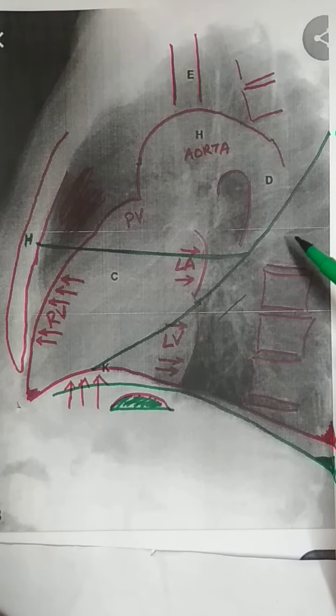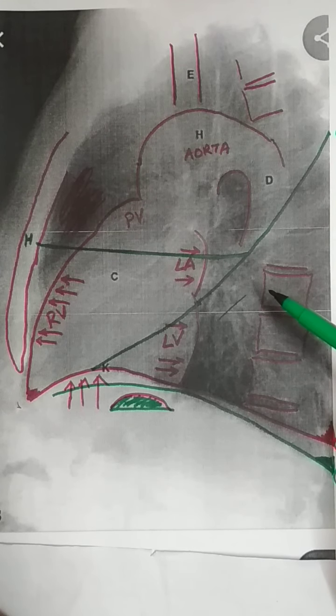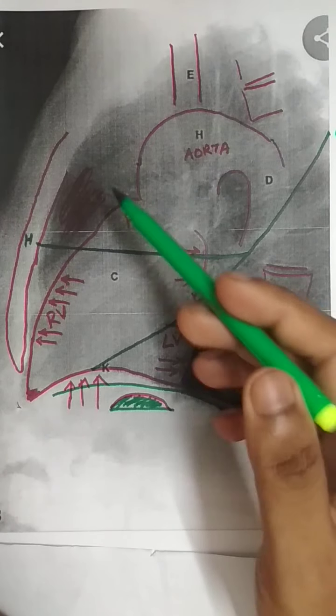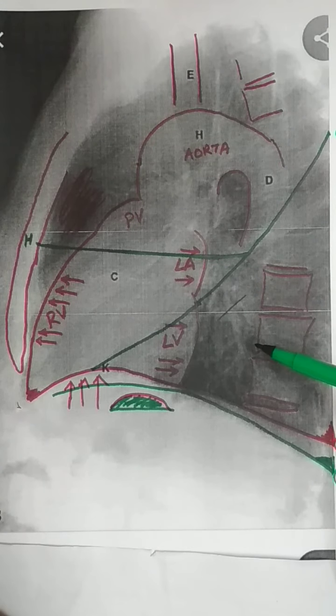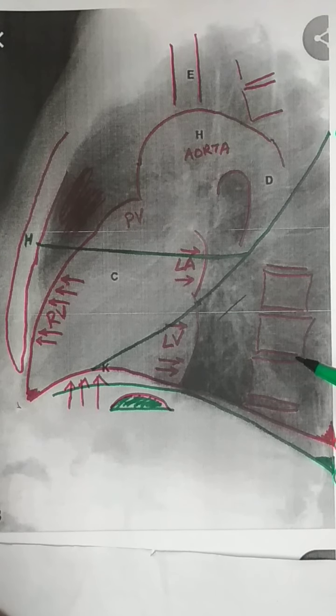Then we have the oblique fissure, behind which is the lower lobe. By drawing these fissures, you can divide the lung fields into upper lobe, middle lobe, and lower lobe. And if there is a lesion, you can clearly localize the lesion that you have seen in the PA chest X-ray view. Okay, so this is all about chest X-ray lateral view. Thank you.